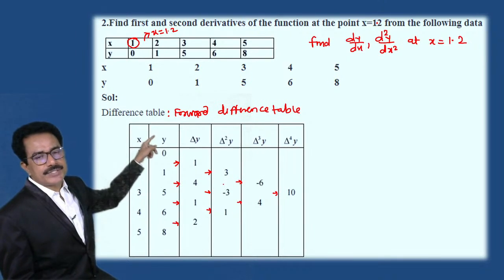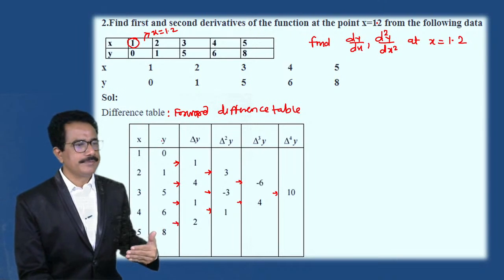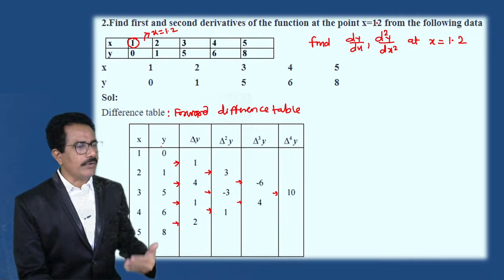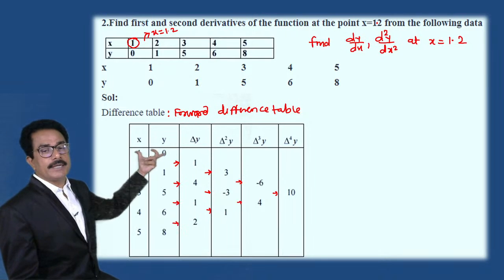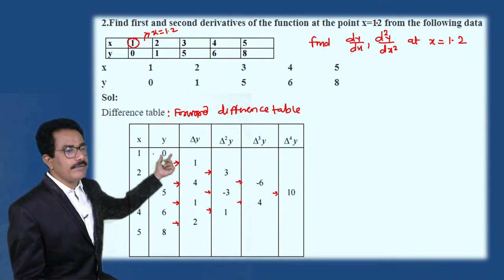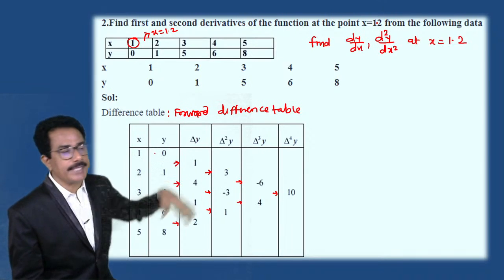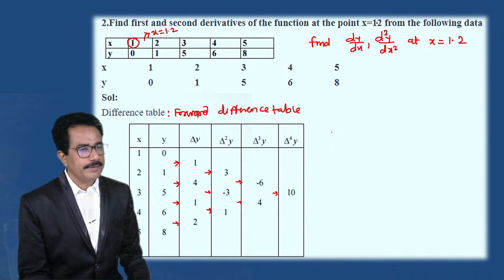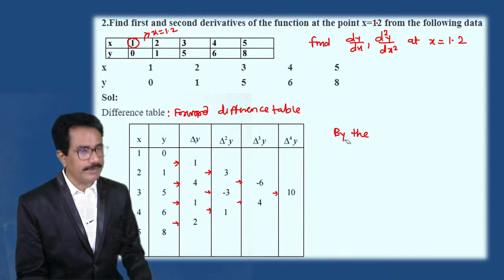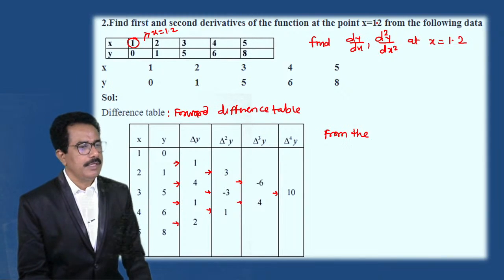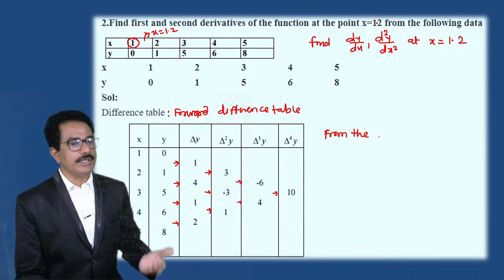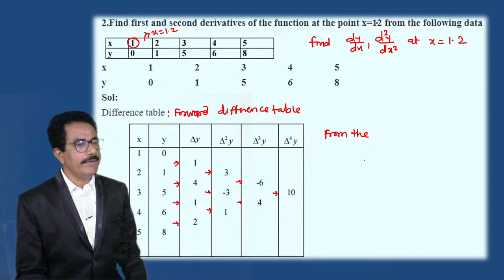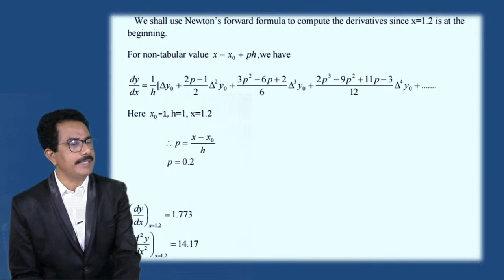For the forward difference table, by using the forward difference table we shall get the higher order differences of the leading term, that is, the higher order differences of the starting term. So from the difference table, tell me delta y0, delta y1, delta y2, delta y3.